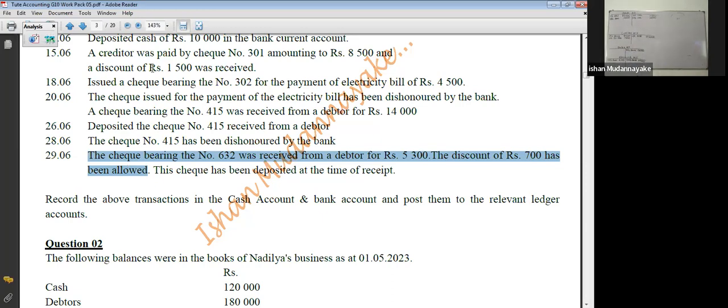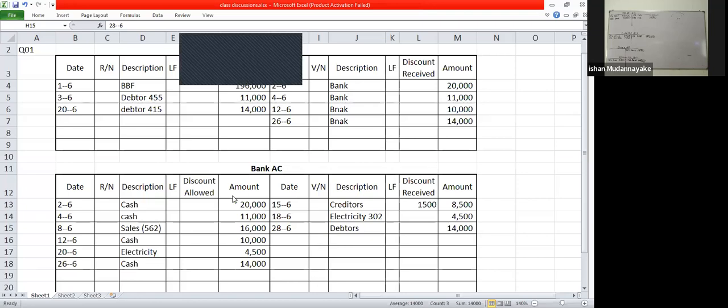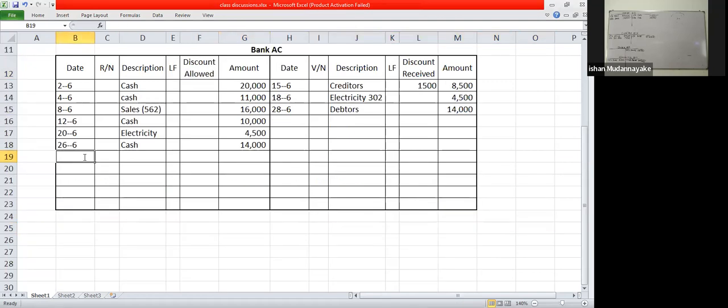29 June. At first, bank account debit. Then debtors, check number 632.